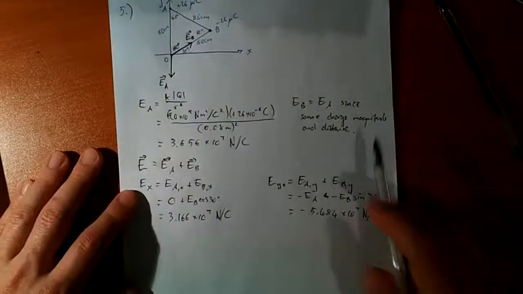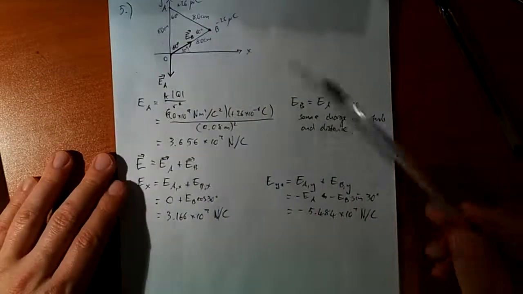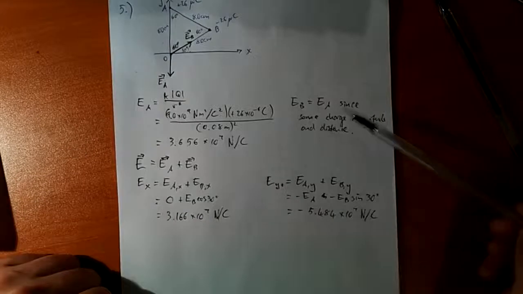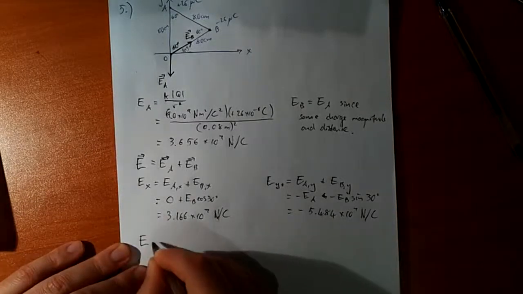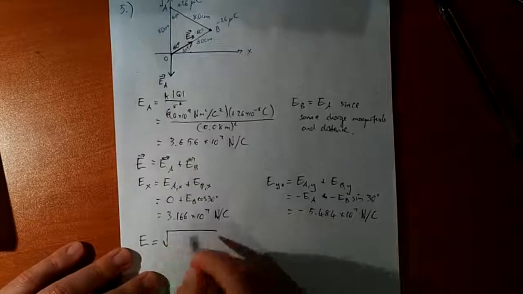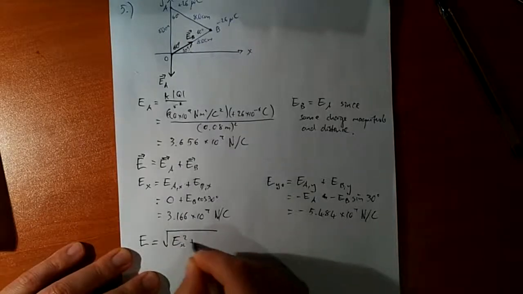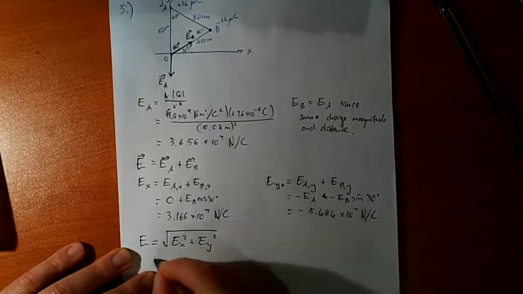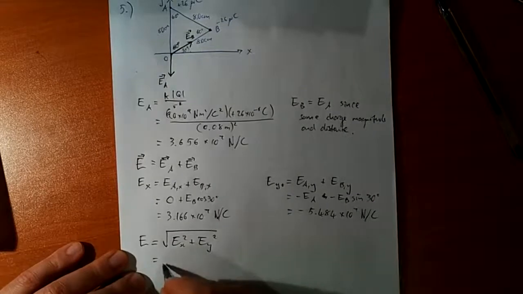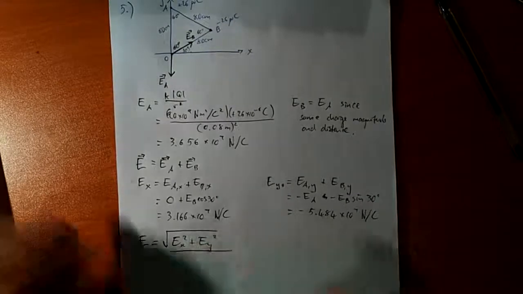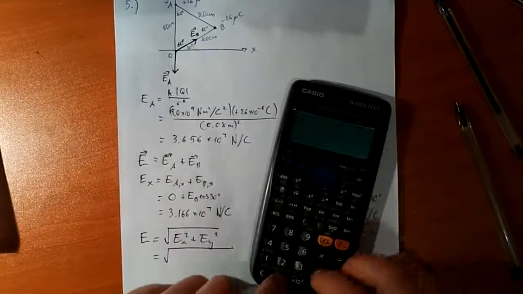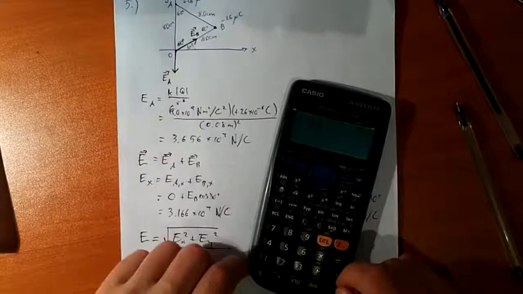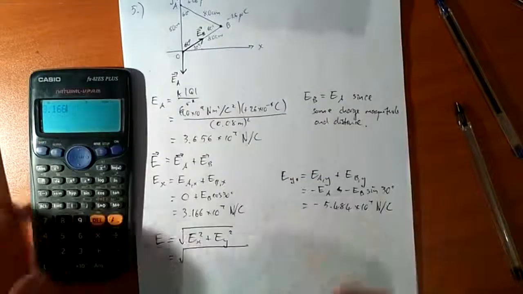Okay, so now two things remain to get the electric field: its magnitude and its direction. Magnitude is easy. E's magnitude is just EX squared plus EY squared. In other words, I don't feel like writing this again, so let's just plug it into a calculator. 3.166.